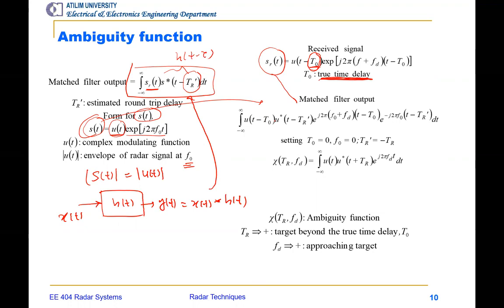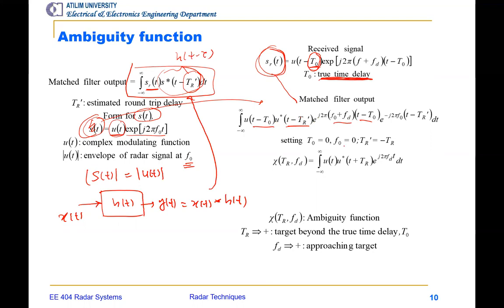So we see the signal s_R(t) and the complex conjugate s*(t minus tr prime). And then we see that we got two exponentials as well as two u functions, each delayed by different times, t0 and tr prime.